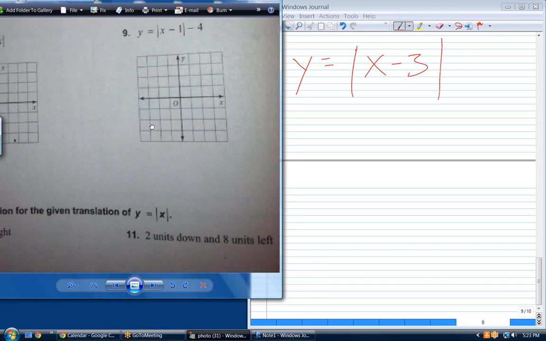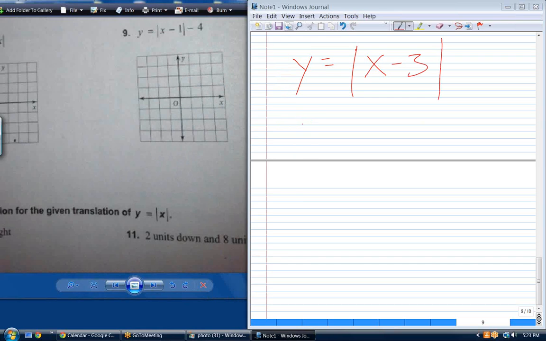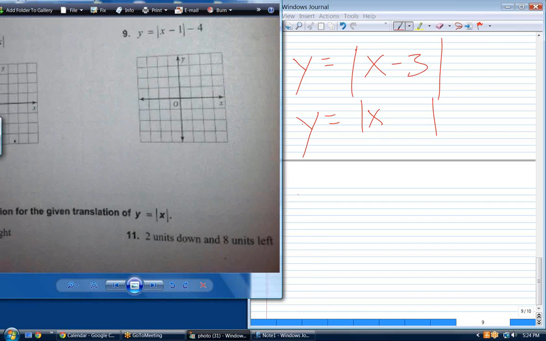Okay, how about 2 units down, 8 units left? What does that look like? It would be y equals absolute value of x minus 2.